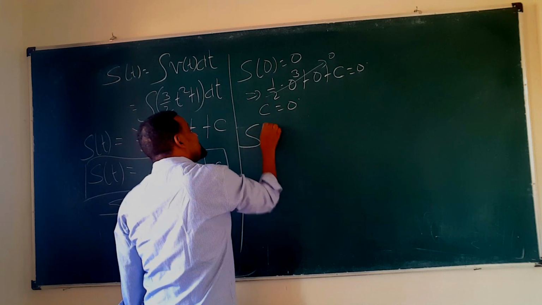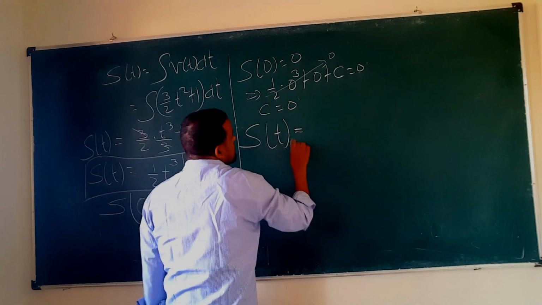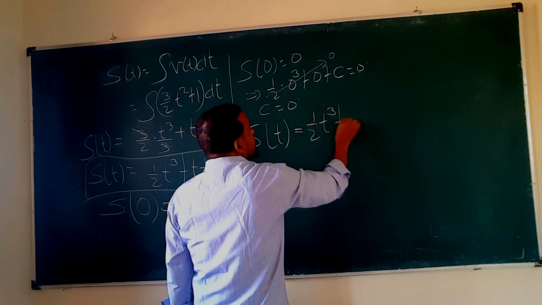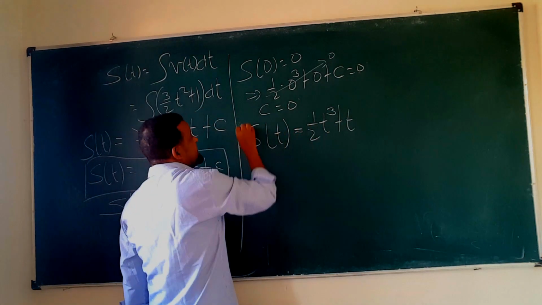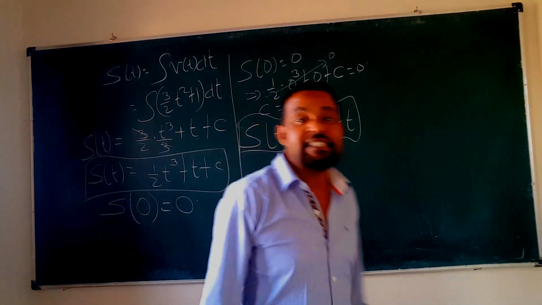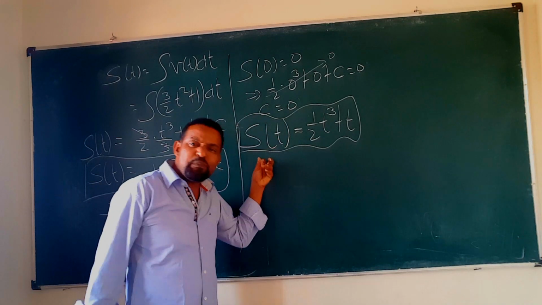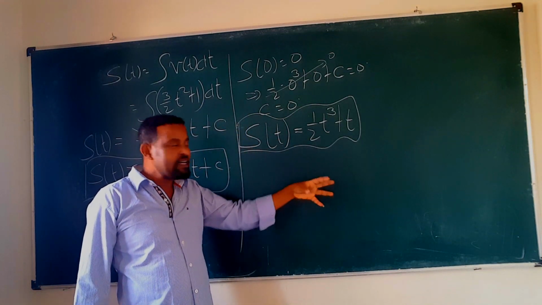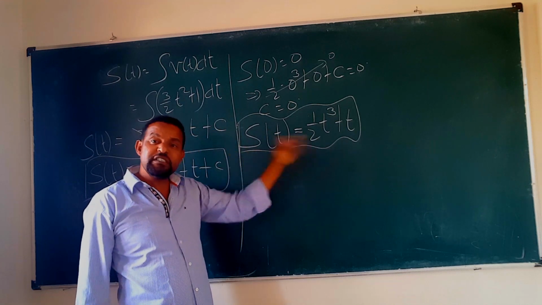Therefore, the displacement function is given by 1 over 2 t cubed plus t, where t is in seconds. So let's say, what is the displacement of the particle after 10 seconds, after 5 seconds, after 20 seconds, after 50 seconds?